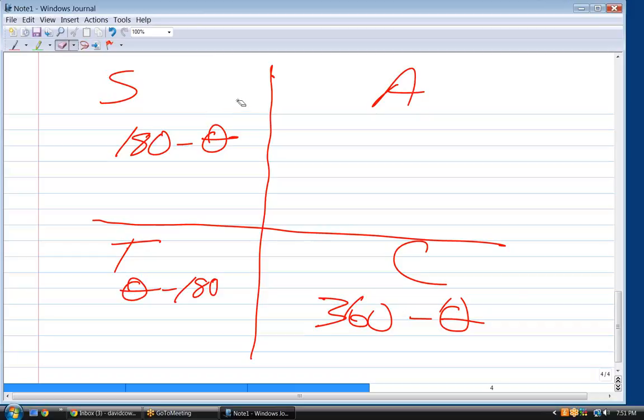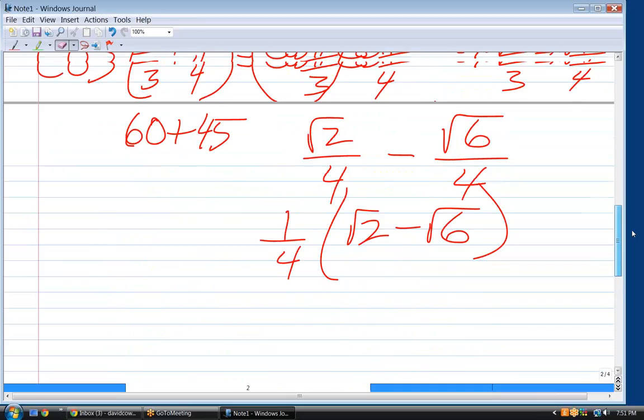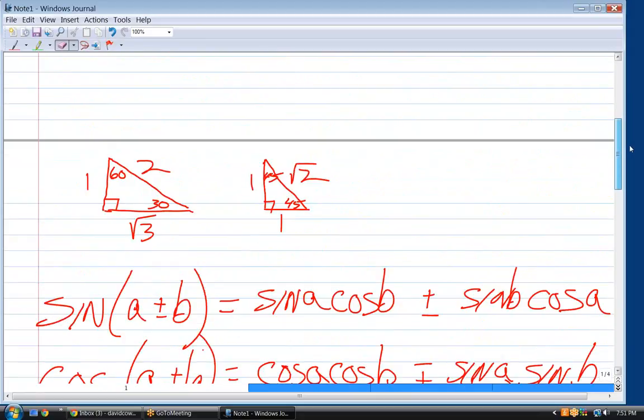And if I said, what's the tangent of 225? What's that the equivalent of? 225 minus 180. 45. Yeah. What's the tangent of 45?